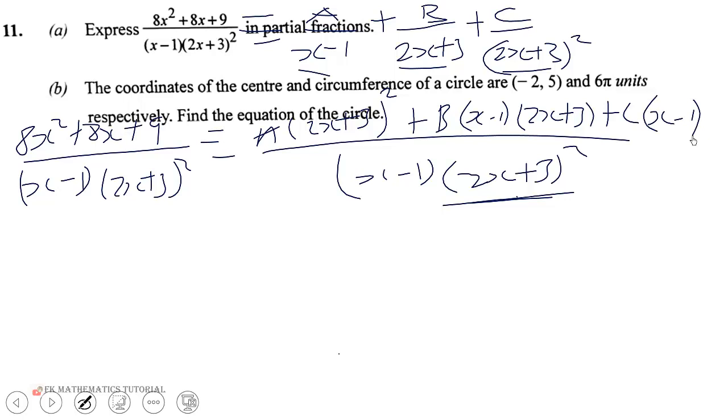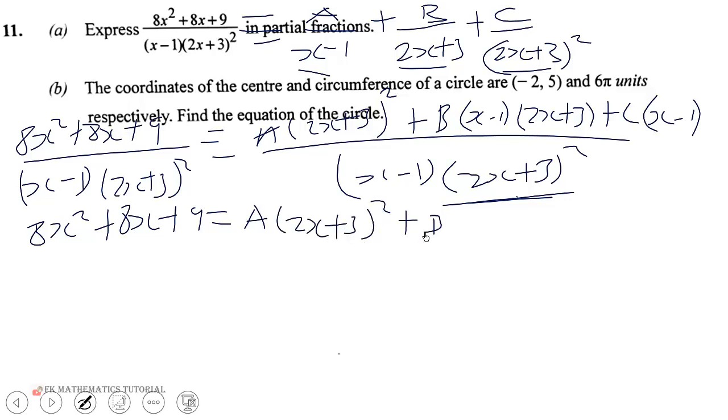So equating the numerators, we have 8x squared plus 8x plus 9 is equal to a into 2x plus 3 all squared plus b into x minus 1 into 2x plus 3 and plus c into x minus 1.